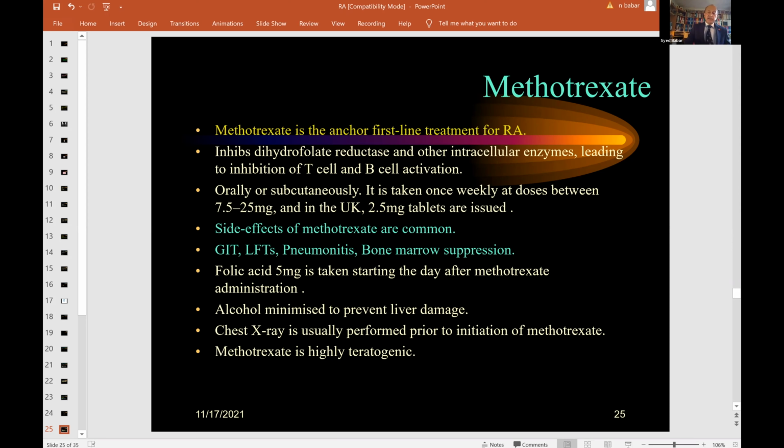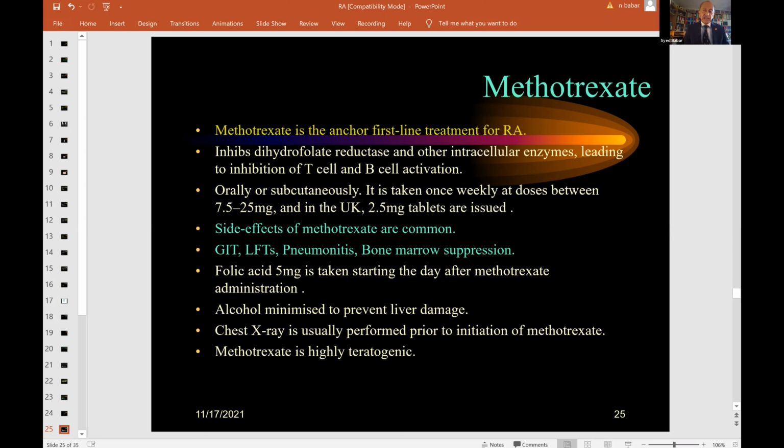Because it affects the liver, alcohol intake must be minimized. Pre-treatment chest X-ray is important to form a baseline as some patients develop pulmonary fibrosis and other restrictive disorders of the lungs.